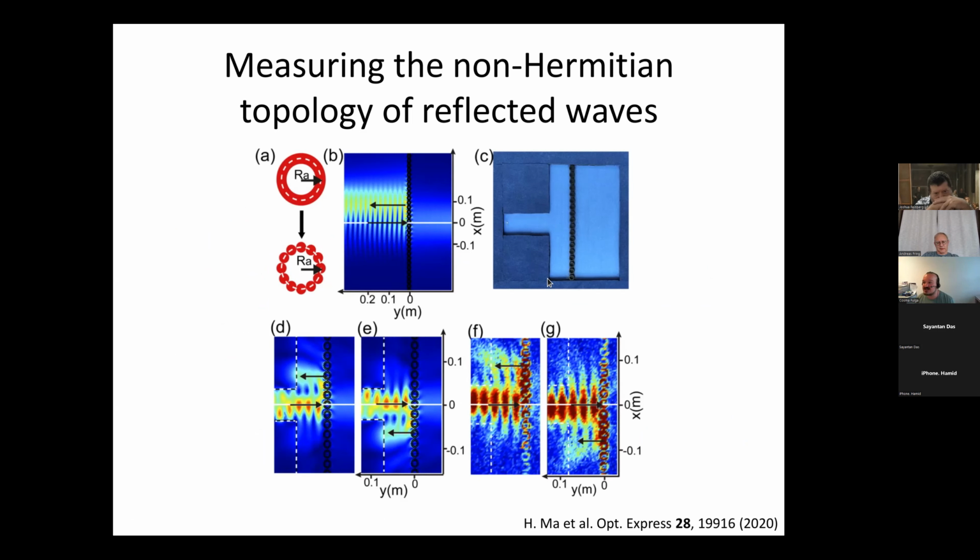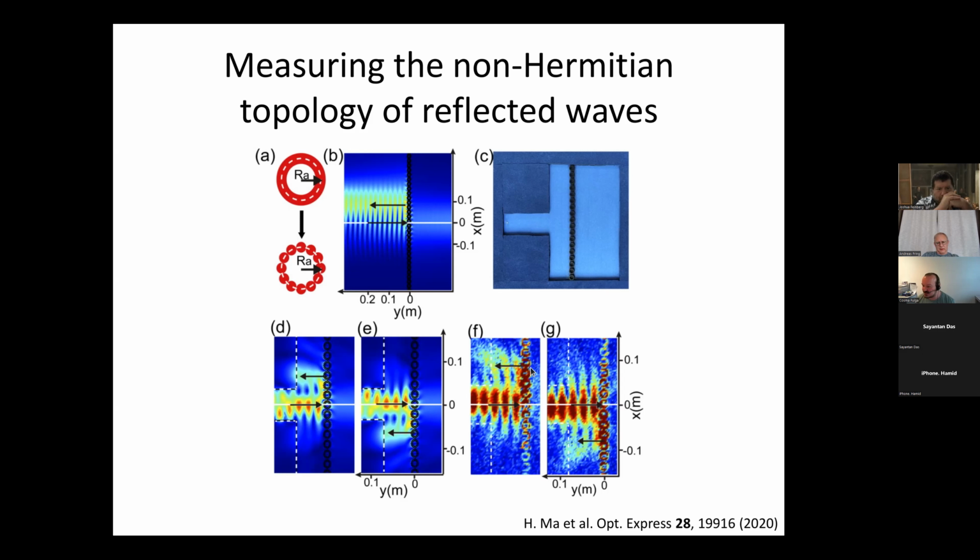This is an optical system, so they have here a barrier which behaves like the boundary of a Chern insulator. In their simulation, they have this leg here which allows them to send in an incoming wave at this particular position. And they expect that the incoming wave, which is perpendicular to the sample, will get shifted up or down depending on the direction of this chiral edge state.